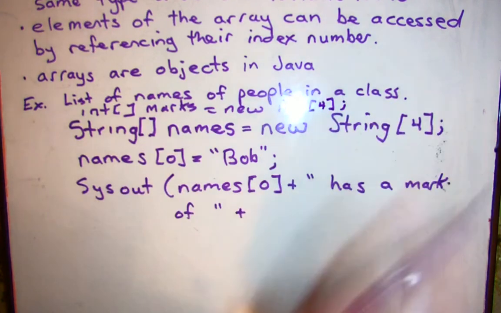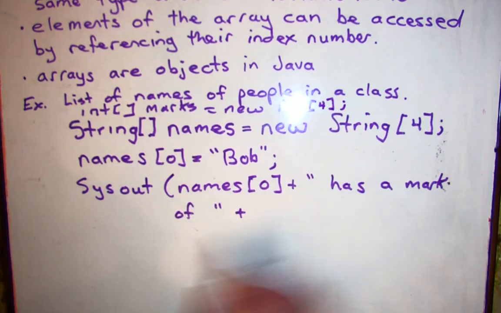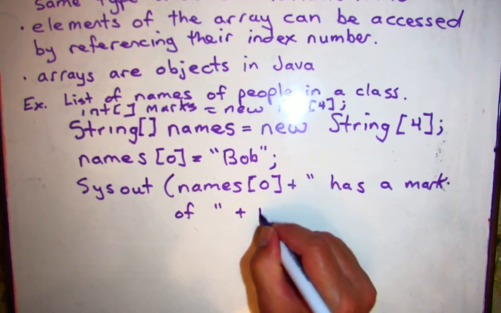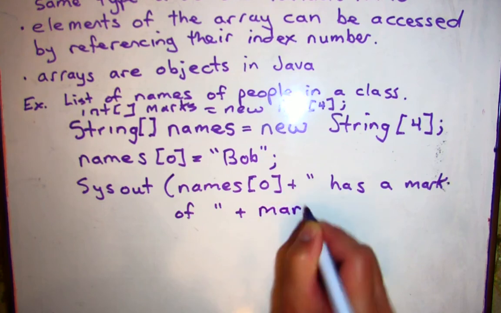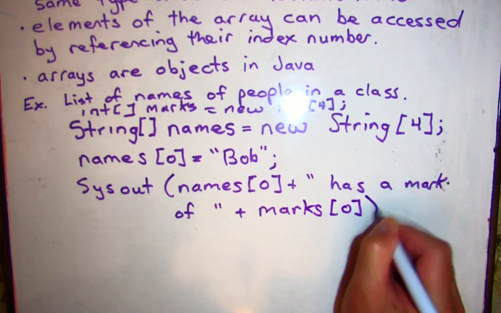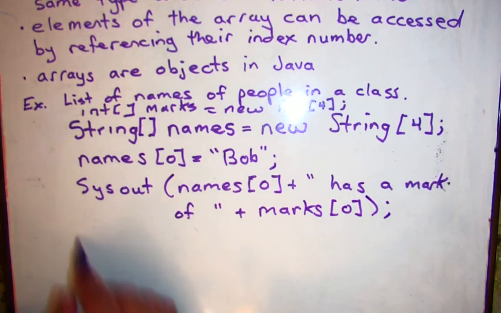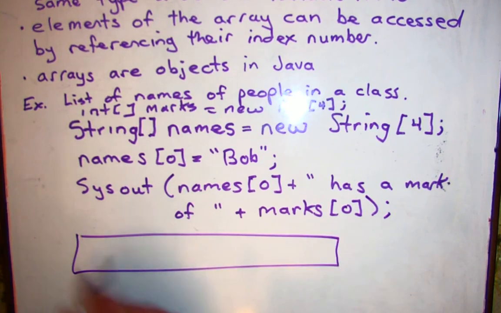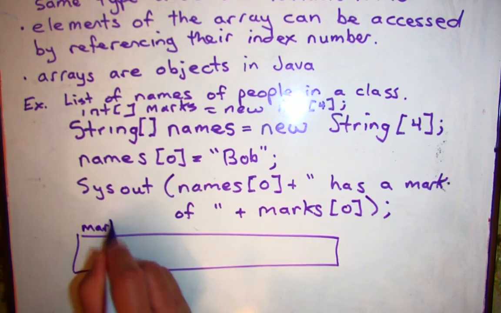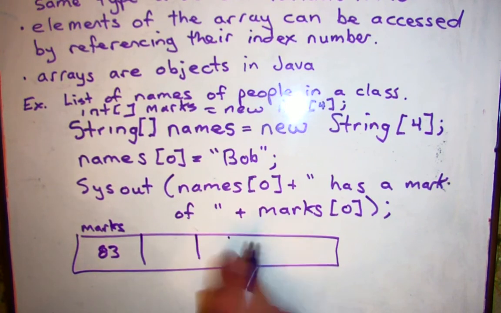And let's say I filled them up at some point, so I could say Bob has a mark of, and then I could print from the marks array element 0, which is Bob's corresponding mark. So if I have one array called marks, we have 83, and I have 4 elements.